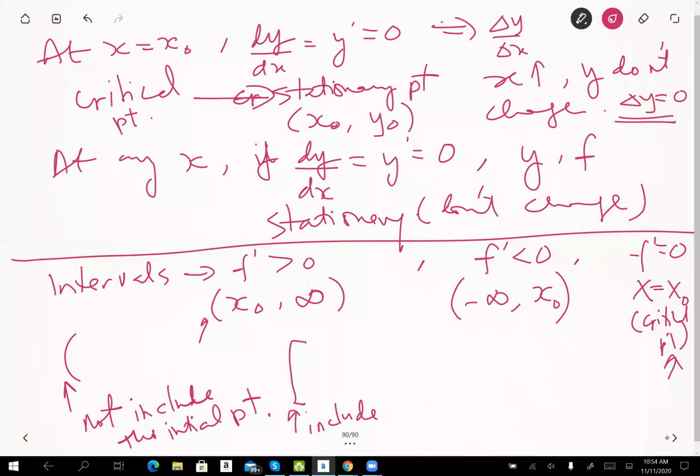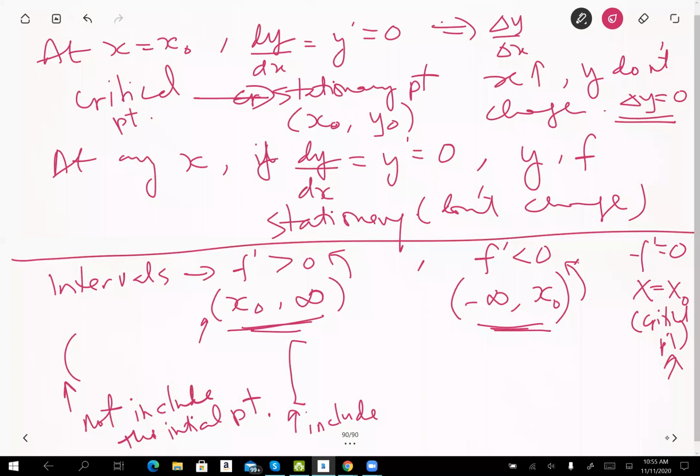So now we know that at any interval, the behavior of the derivative is consistent. In this interval, f prime is positive. In this interval, f prime is negative. So in each interval, the derivative is consistent, either positive or negative. Of course, you may have some undefined, but we don't worry about that. We worry only about the nice behavior.